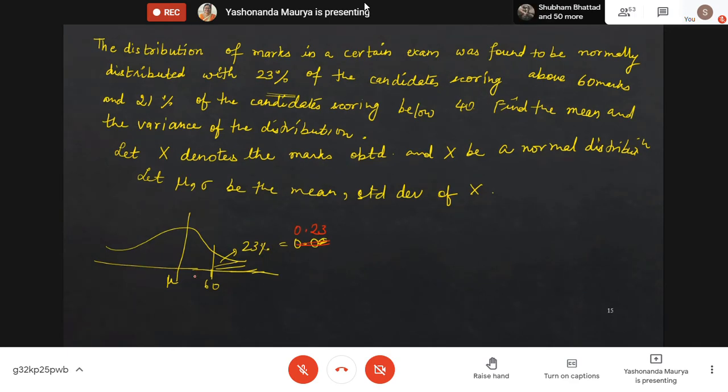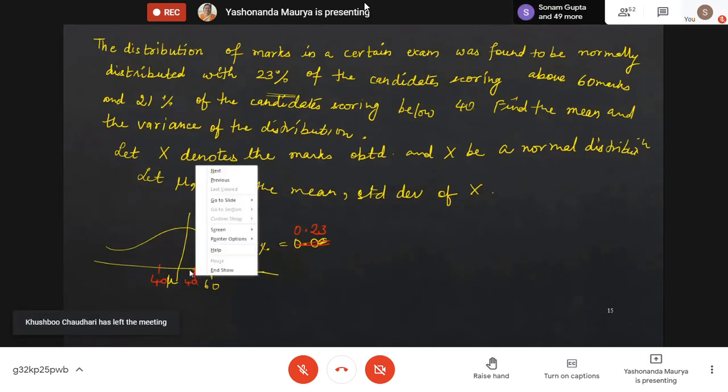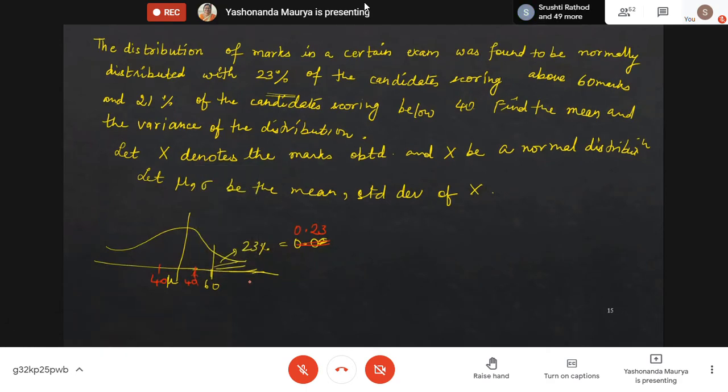So where will this 40 be, here or here? Suppose I mark 40 over here.